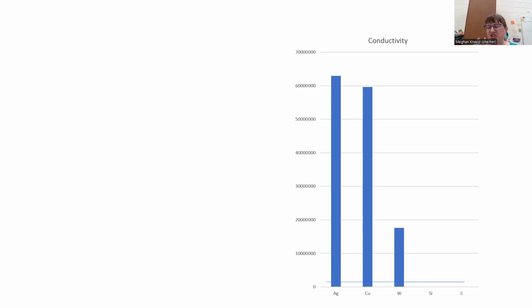So that's just the unit that we use. But you can see compared to W, which is tungsten, they have very high conductivity. But even tungsten, which is the poorest conductor of the metals, is a lot higher than silicon or carbon. So silicon is in that semi-metal or metalloid area. Carbon is in the non-metal area.